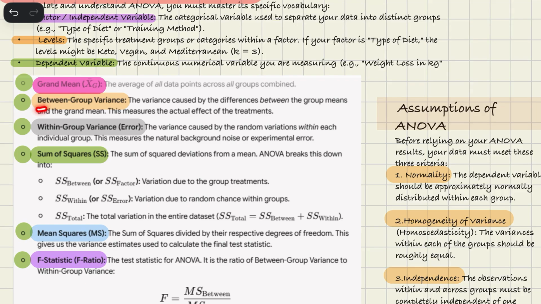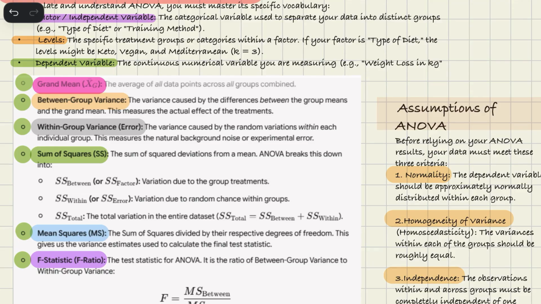Then we have between-group variance. This measures how much the averages of individual groups differ from each other. So what is the average difference of one group from another group? If our diets are highly effective, the distance between the group averages will be large.